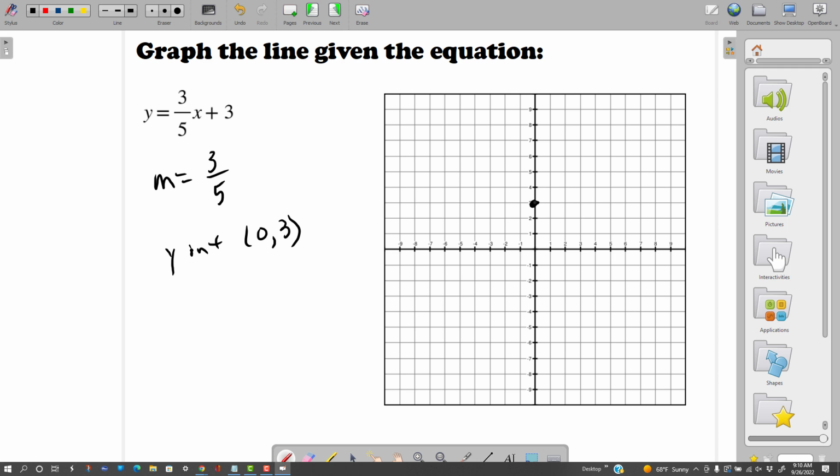I'm going to go up 3 units, 1, 2, 3, forward 5, 1, 2, 3, 4, 5. And I get that as my second point. I now have my 2 points that I can use to draw my line.